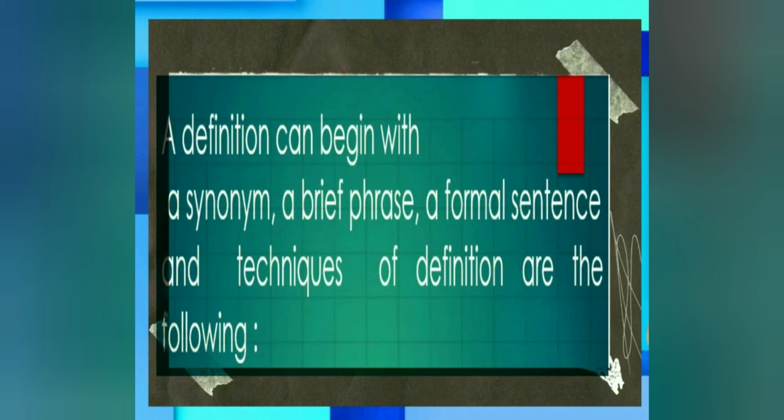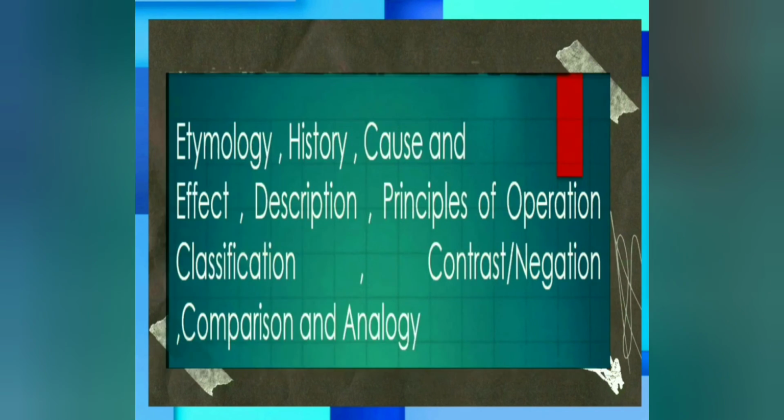A definition can begin with a synonym, a brief phrase, a formal sentence, and techniques of definition are the following: etymology, history, cause and effect, description, principles of operation, classification, contrast or negation, comparison, and analogy.